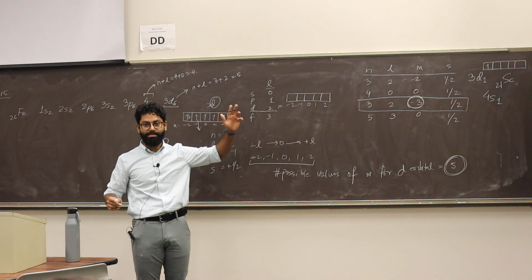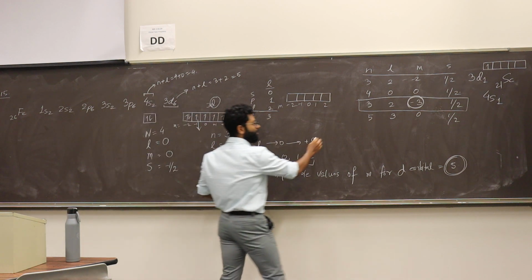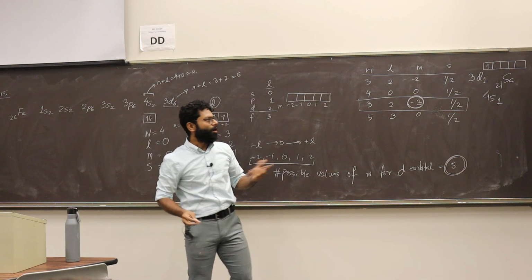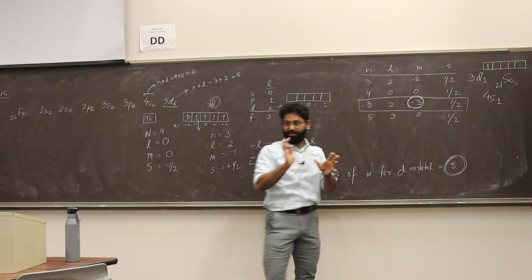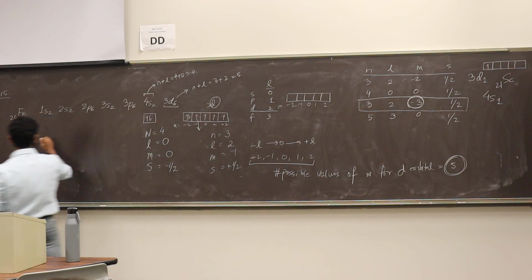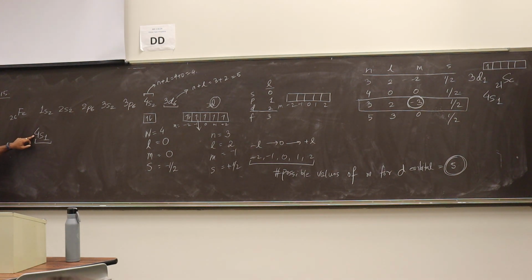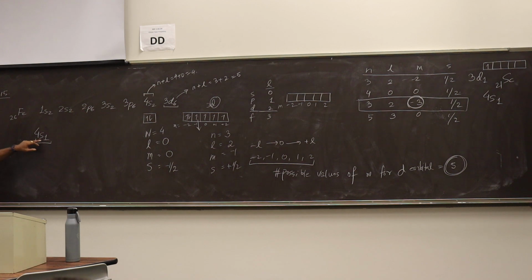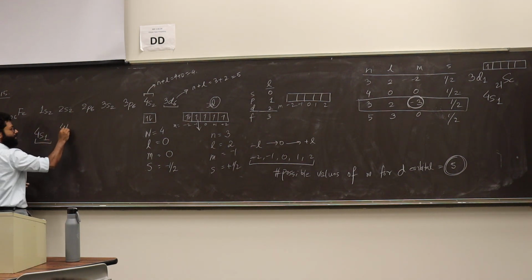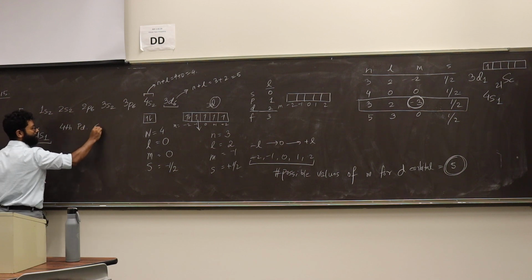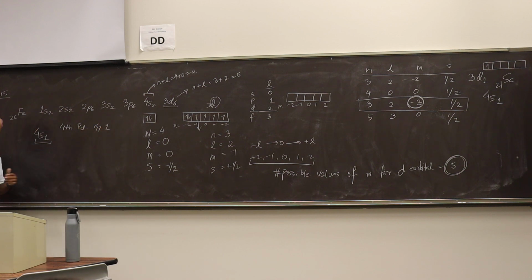So alkali metals. Let's do it two ways. So you have 4s1. First, we know that this is 4th period, group 1. So we can go through that. So 4th period, group 1.